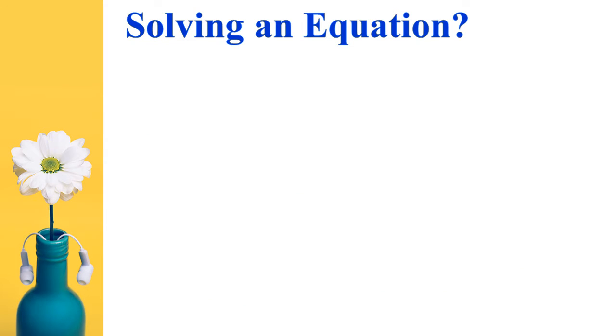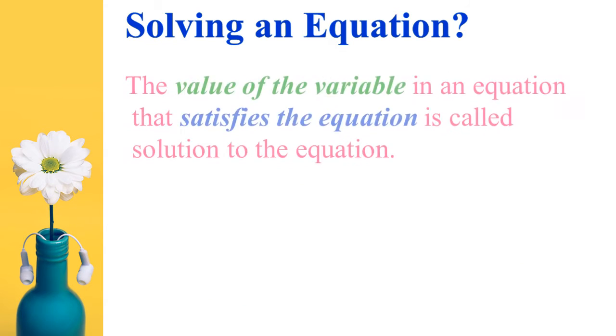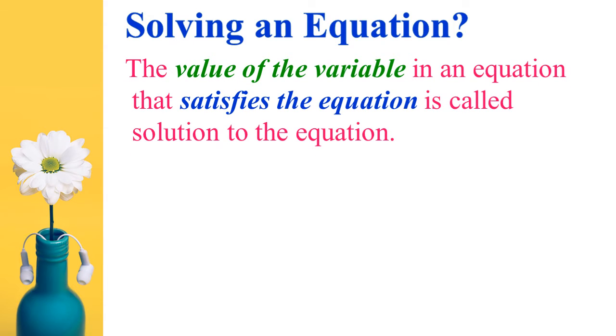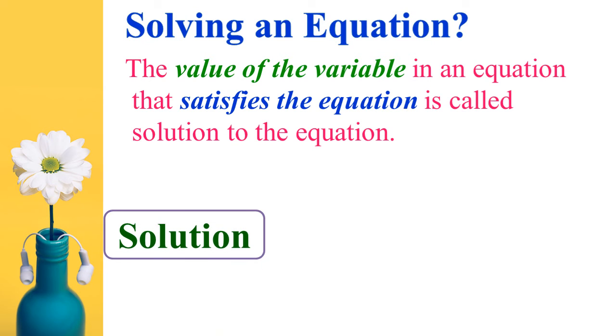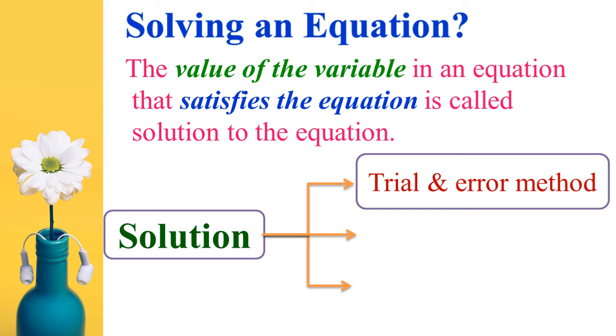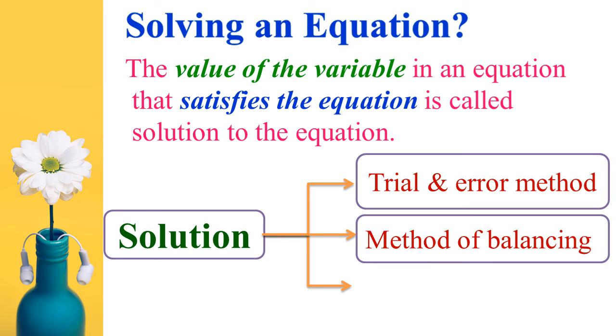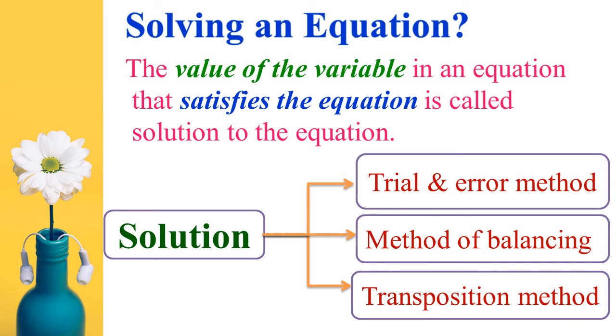Let us see solving an equation. The value of the variable in an equation that satisfies the equation is called the solution to the equation. Here we have to follow three methods: the first one, trial and error method, method of balancing and transposition method.